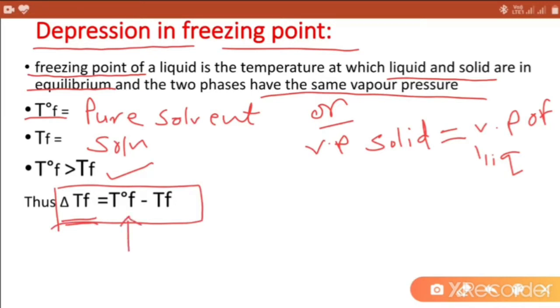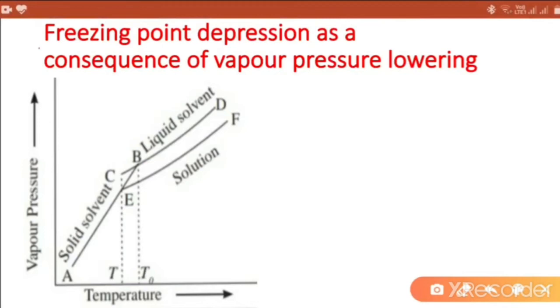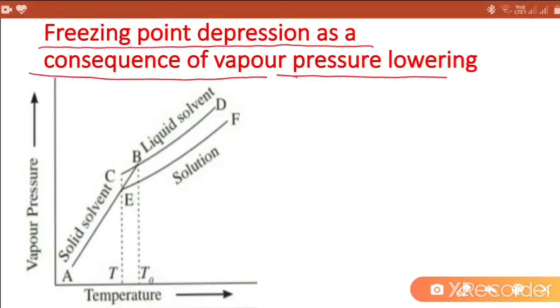means the difference in freezing point is equal to the difference between the freezing point of pure solvent and freezing point of solution. So delta TF is equal to T0F minus TF. This is called depression in freezing point. Freezing point depression as a consequence of vapor pressure lowering.